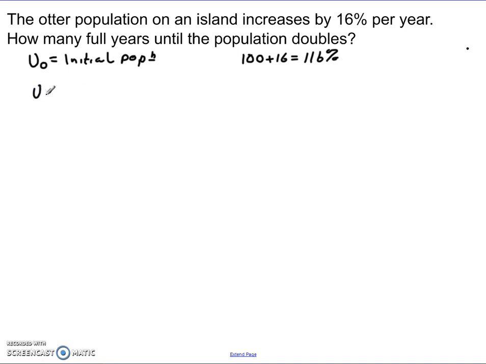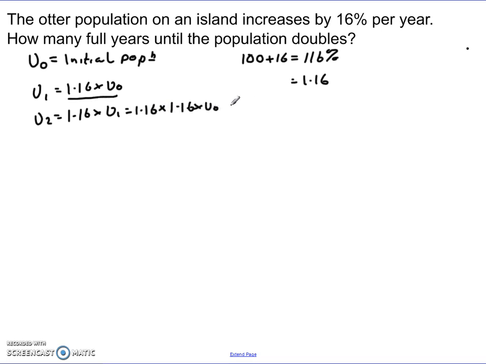So that means at the end of the first year, I'm going to have 1.16 times my initial population, because remember, 116% for this sort of thing, we can represent as the decimal 1.16. For my second year, I'm going to end up with 1.16 times the previous year, U1. But U1 I can write in terms of my initial population. So I'm going to get 1.16 times 1.16 times U0, which gives me 1.16 squared times my initial population.